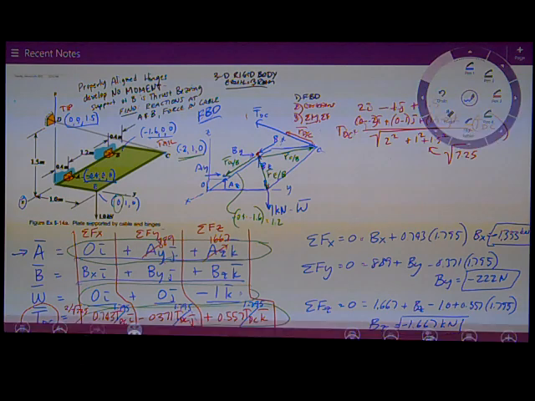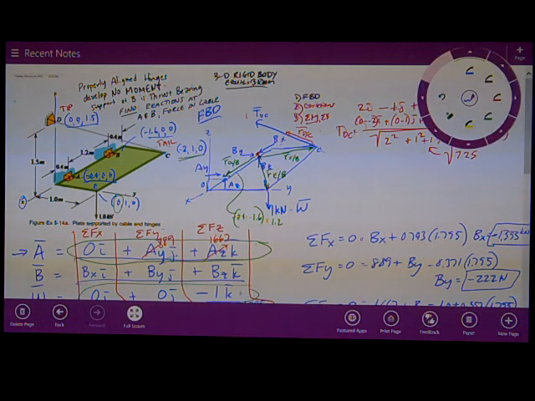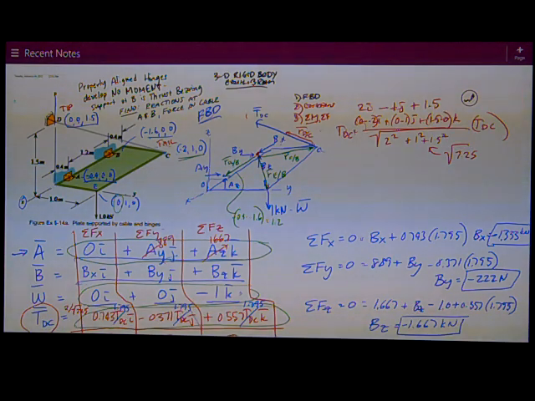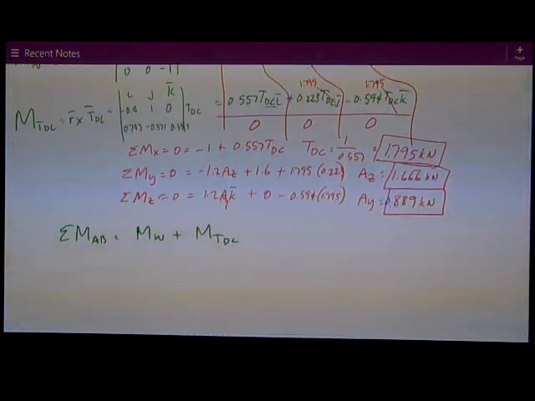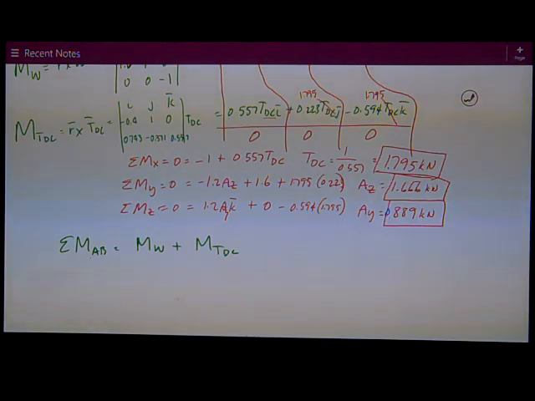So I want to solve for the sum of the moments about line AB, the x-axis really, the line running through A and B. Going down here, the sum of the moment about line AB is the moment of the force W about that line plus the moment of the TDC.